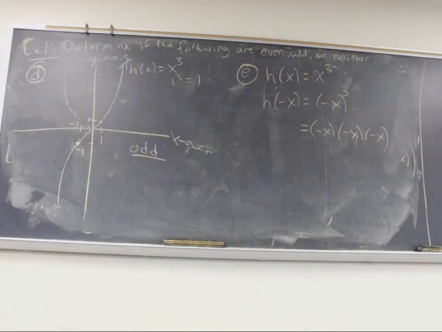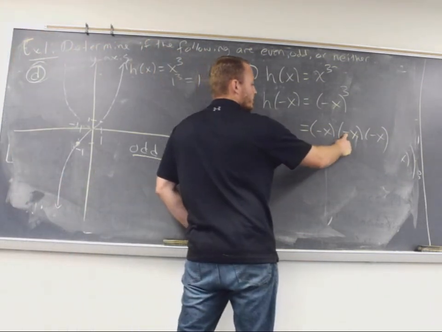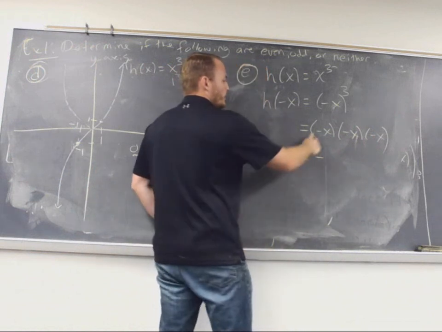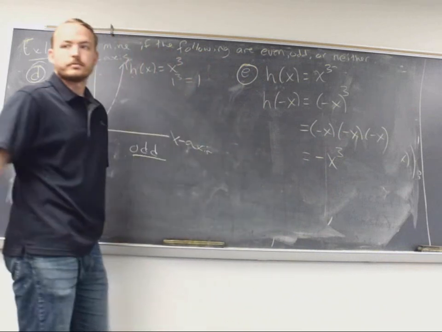And what happens to those negative terms? Negative times a negative is a positive, and a positive times a negative is a negative, and then you have these three x's that are multiplying, which makes x cubed.